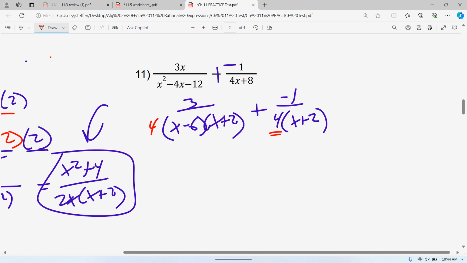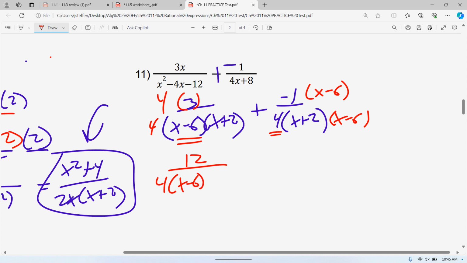This one, x minus 6, this one needs 1, top and bottom x minus 6. Over 4 times (x minus 6), plus negative x minus 1 over 4 times (x plus 2).